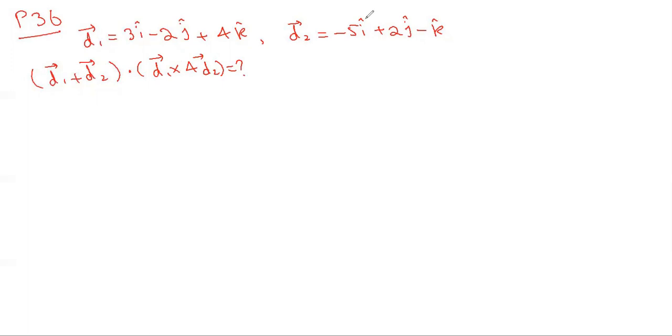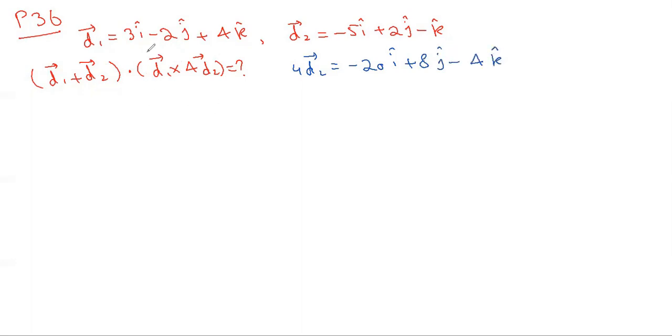So first of all we have to multiply vector d2 with 4. So 4 d2 will be -20 i hat plus 8j hat minus 4k hat. This is the multiplication of a vector by a scalar number.